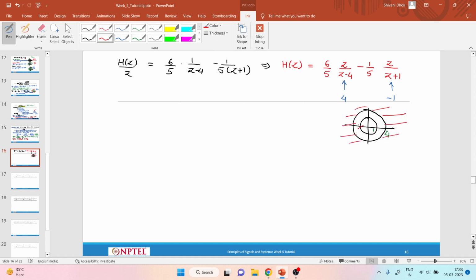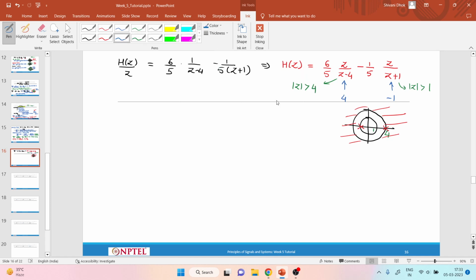We have a pole at minus 1 and a pole at 4. For this term, my magnitude of Z will be greater than 1. And for this, my magnitude of Z should be greater than 4 for the system to be causal.